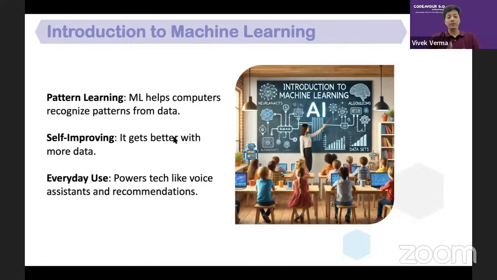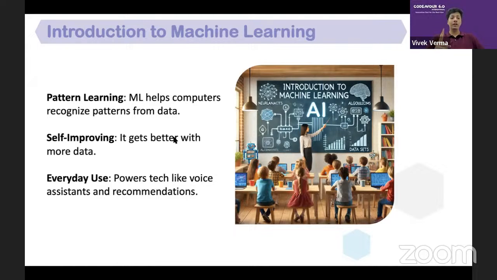Right. Then the second point that I mentioned over here is self-improving, which means the machine learning system learns from the experience and improves itself over time. Just like us. As human beings, we also learn from our mistakes and then we do not do that again. We try our best to not do that again.